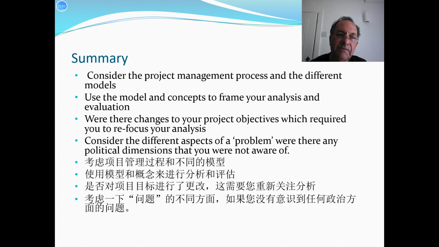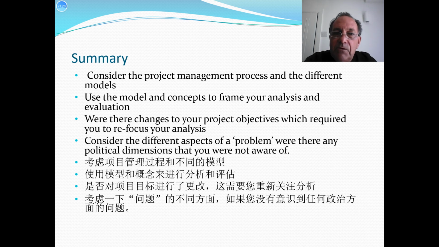The models and concepts that I've identified in this session give you an indication of the types of models and concepts. There are other models of the project management process other than Wickham's and other than Block's. There are others, and I'll give you references to these in the next slide.